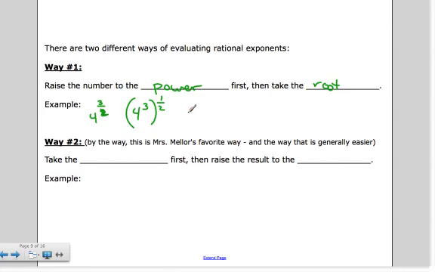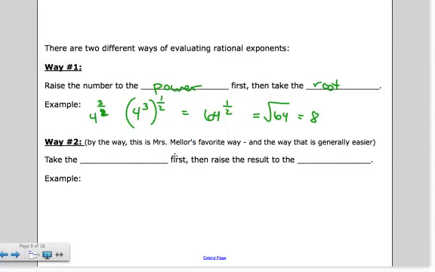Well, 4 cubed is 64. Okay, so that's 64 to the 1/2 power. Well, the square root of 64 is 8. Okay? This is a little hard, in my opinion. I don't like this way at all, because notice you're getting the number to be bigger to take the square root.